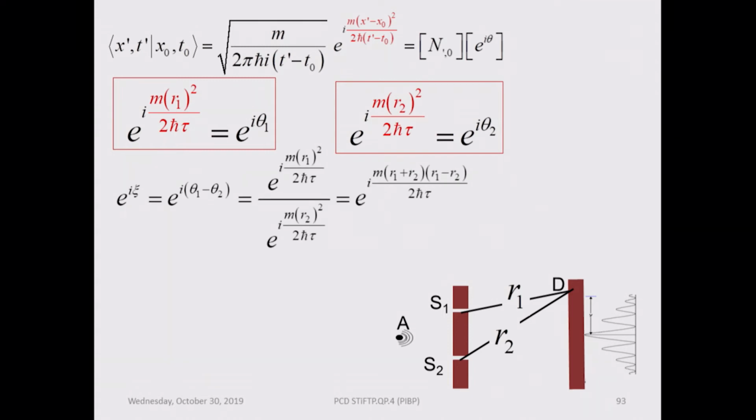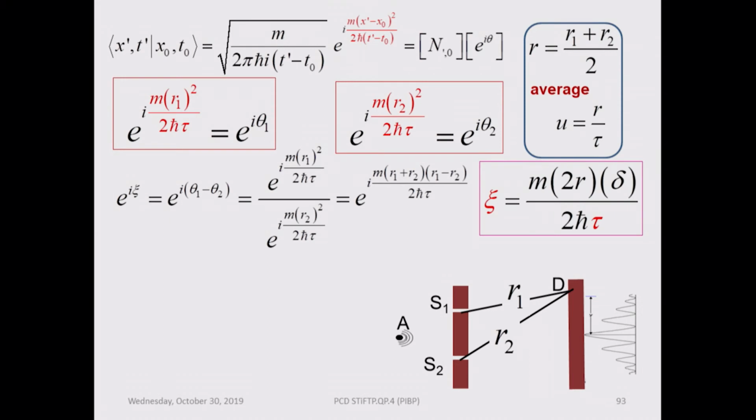So, the e to the i xi is given by this ratio, and in the numerator you have r1 plus r2, which is twice the average distance r, and r1 minus r2 is their difference. That difference is what you will call a path difference in the conventional Young's double slit experiment of optics.